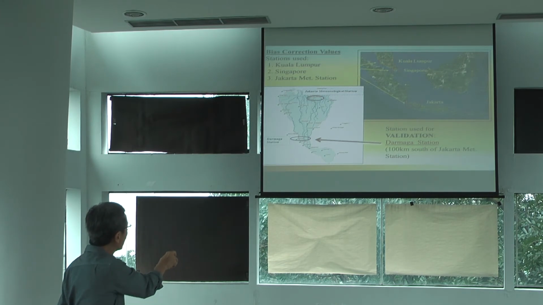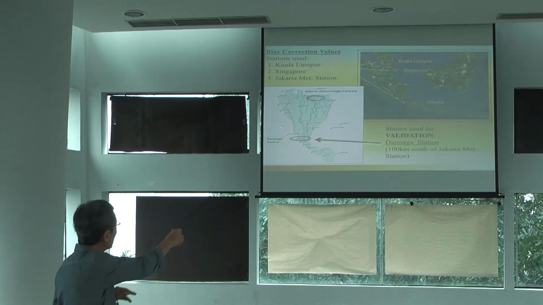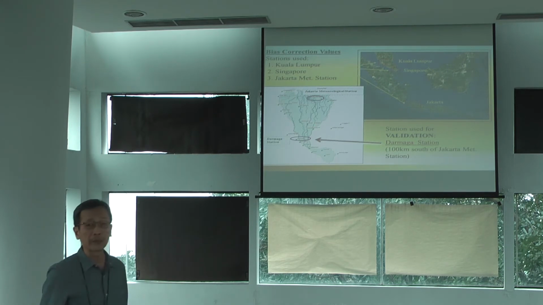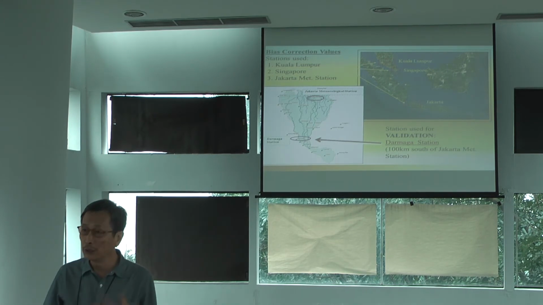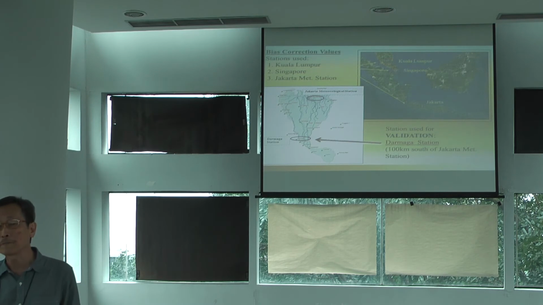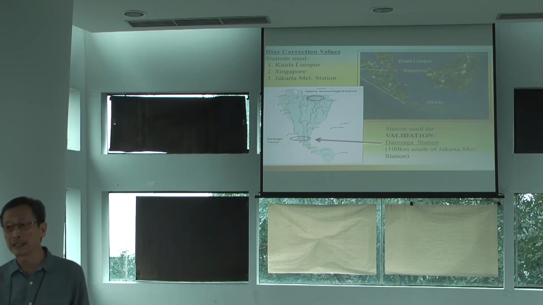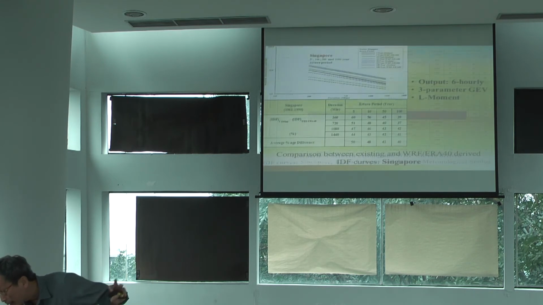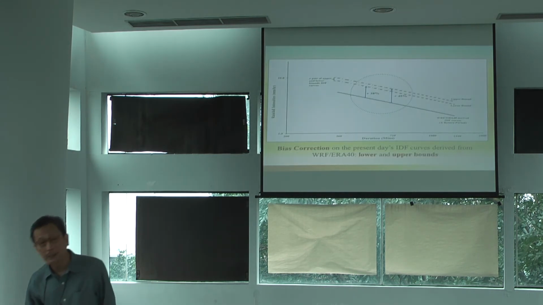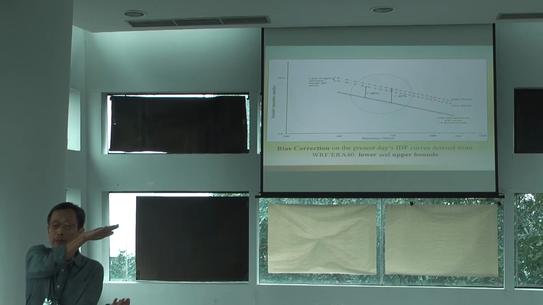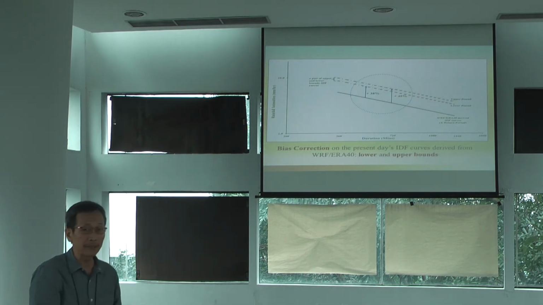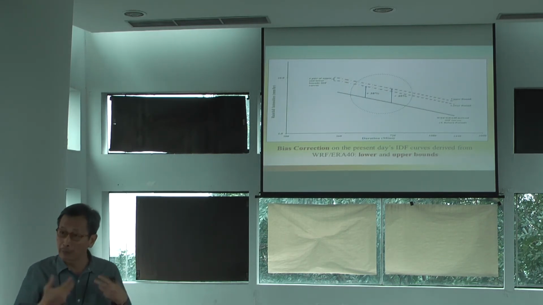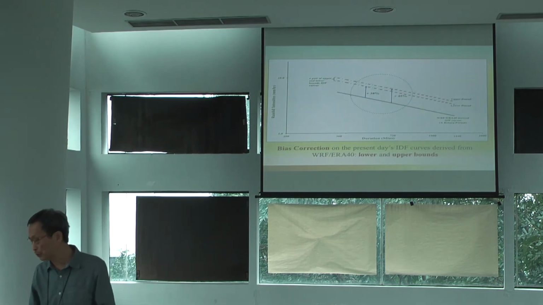We pretend that the Dhamaka station, which is about 100 kilometers away, is not available, and we do site-specific frequency analysis. We are skipping the detail, but finally, we have to bias correct by 30 to 45%. So bias correction is the name of the game, we have to do that.